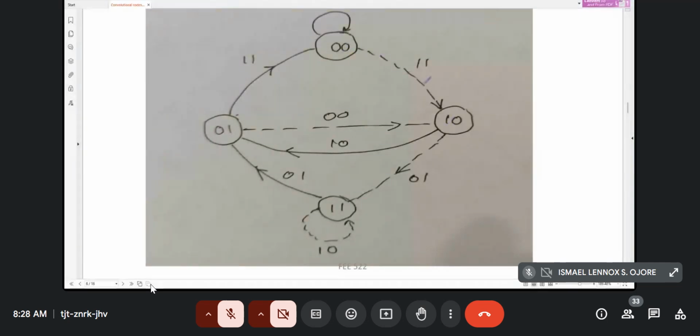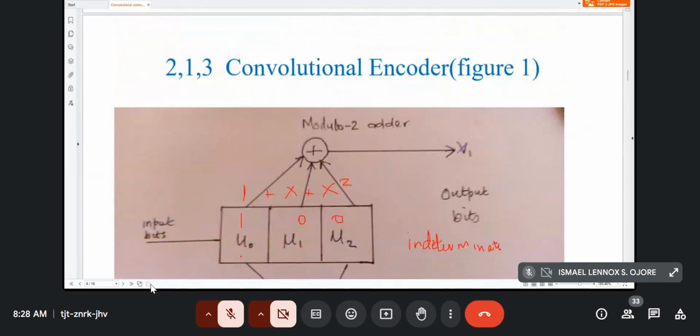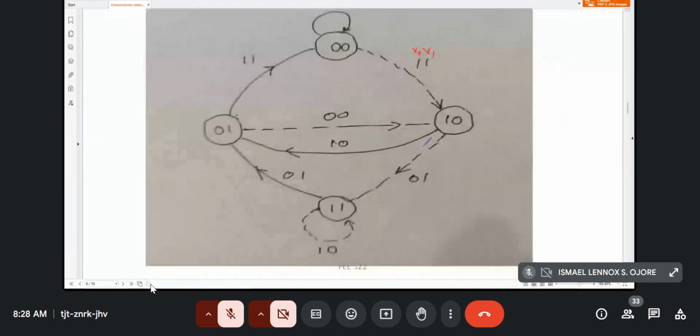The dotted line means the input is a 1. And this will be 1, 0, and the output is 1, 1. So this represents the output. This represents V1, V2, the two outputs. Sorry, it's V1, V2.